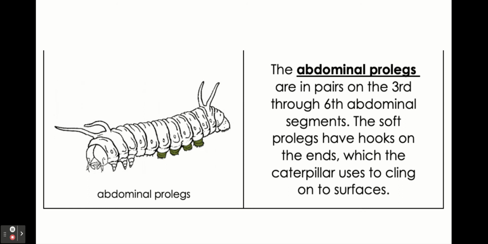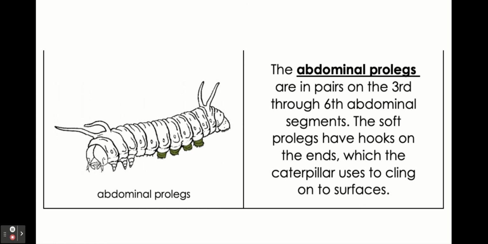We also have another pair of legs, and these we call prolegs, abdominal prolegs. So you can see that they're towards the back of the caterpillar, and they're in pairs on the 3rd through the 6th abdominal segments. They are very soft, and they have hooks on the ends.